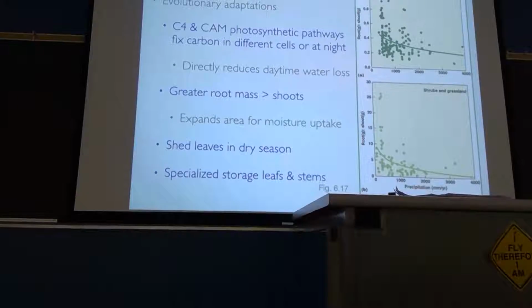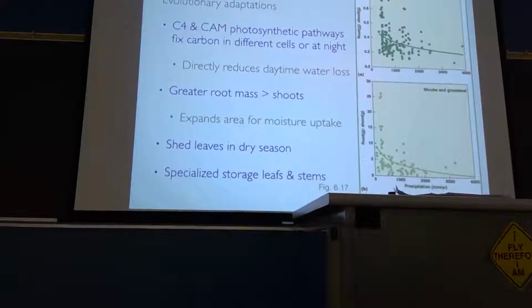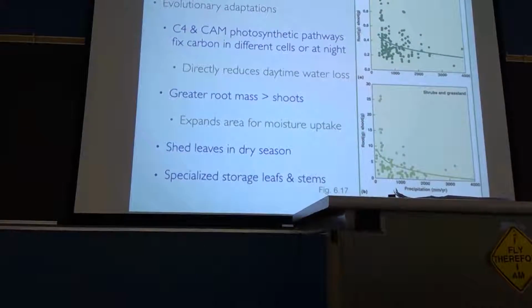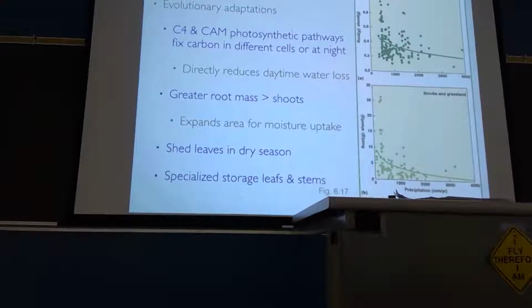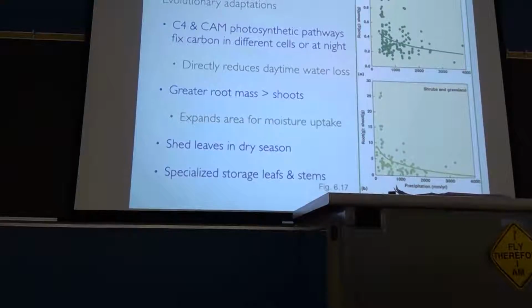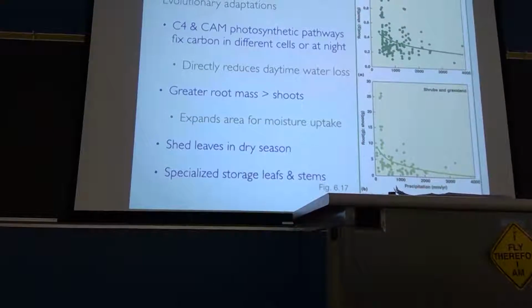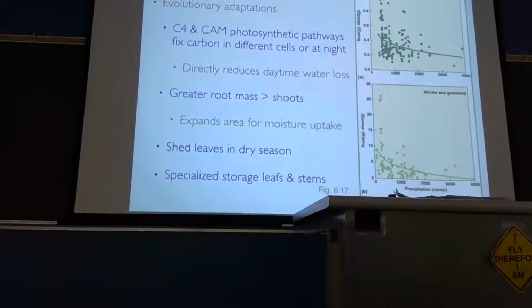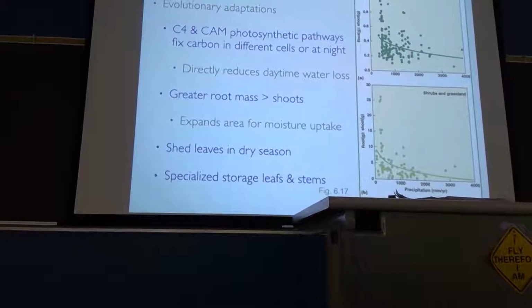And so lots of times these plants in drought-prone conditions or in desert habitats have these really extensive root systems underground, even though there's this little plant on the surface, because they are really trying to push out and gain access to as much of the soil strata as possible so they get access to as much moisture as possible. And that way they outcompete other plants for access to moisture that would have a shallower or less expansive root system.